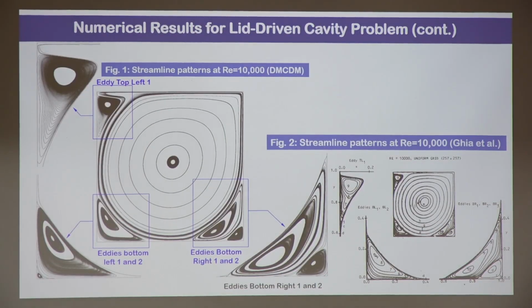This is taken from the paper of Ghia and we compared. So this is indeed here. You can see the one-to-one correspondence. So we were able to capture all of these, even the third. Not only secondary flows, there are additional ones. As the speed increases, you will get more.